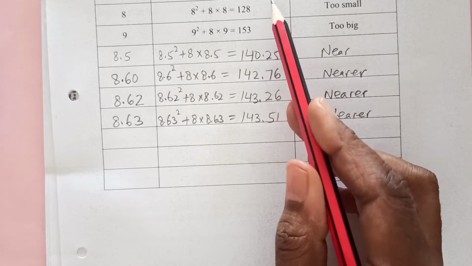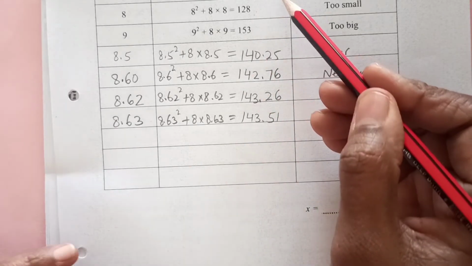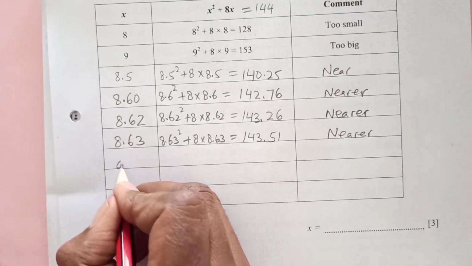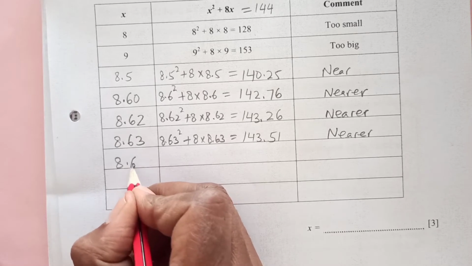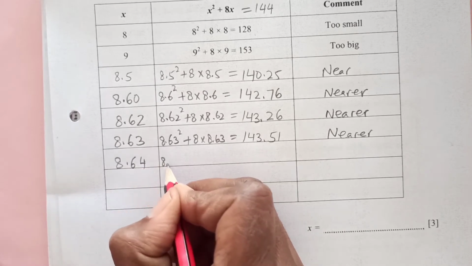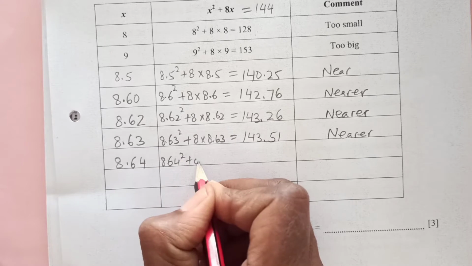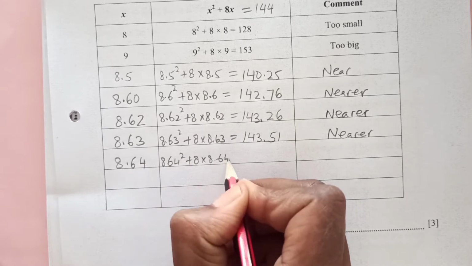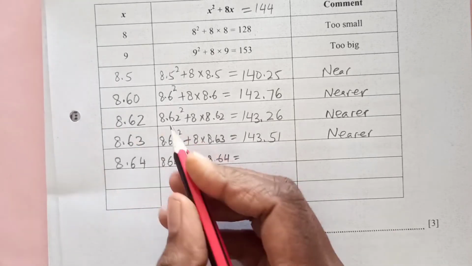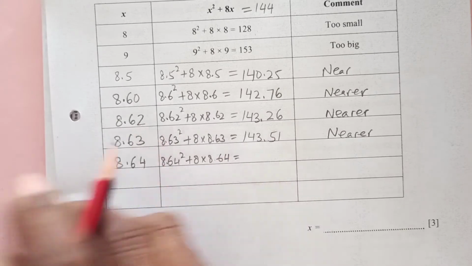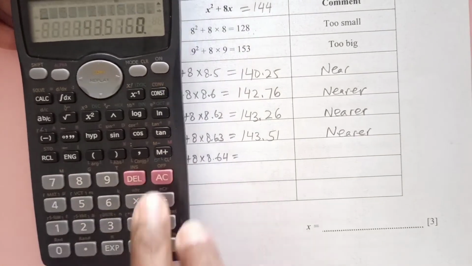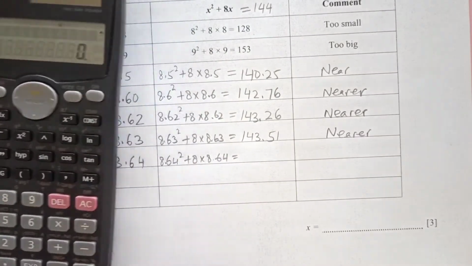We can say this is nearest, it's approaching 144. So let me take 8.64. So 8.64 squared plus 8 times 8.64. It's not a must to do all these points, but you need to guess. At least you should have 4 to 5 values to reach the conclusion.